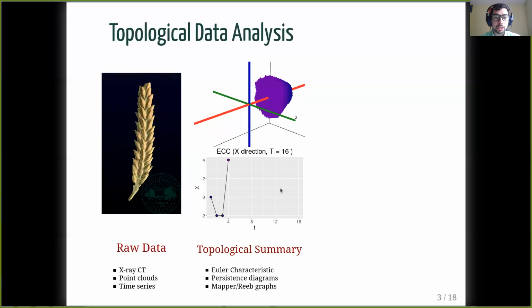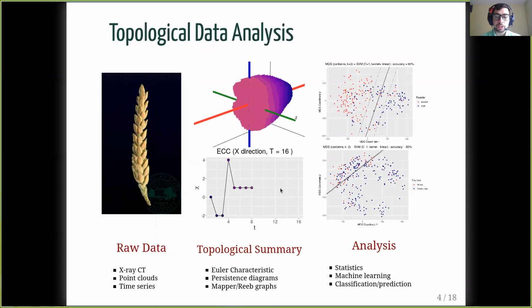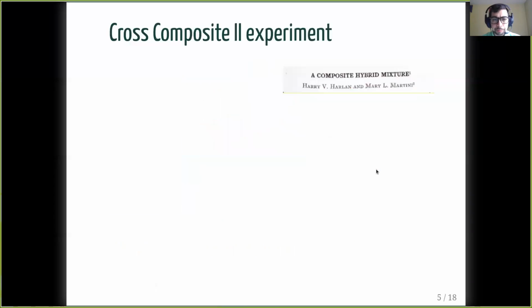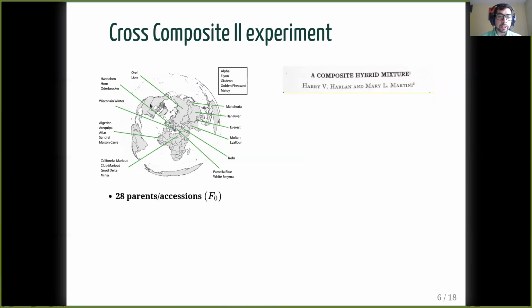And once you have numbers, you can do standard analysis and machine learning to try to see interesting patterns in your data. So by data, I mean the Cross-Composite II experiment, again barley, which is a really cool experiment from the late 1920s when Harry Harlan and Merritt Martini collected 28 different varieties of barley, 28 different parents, F0s, from different parts of the world, from very disparate climates, all the way from North Africa to the Everest and everything in between.